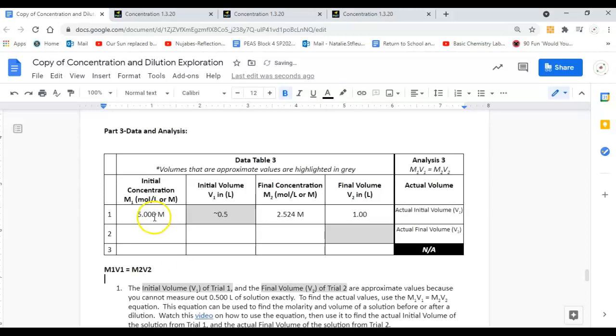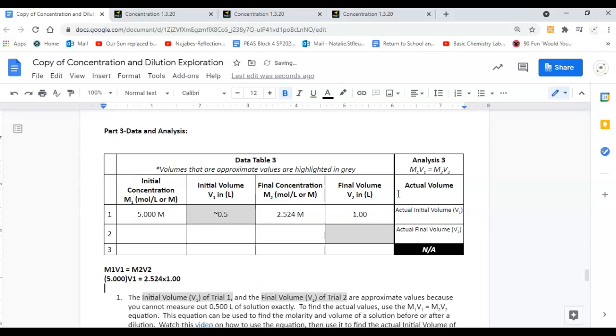My M1 was 5.00. My V1 is what I'm solving for, so any of the gray boxes, leave as an unknown because you're solving for that. My final concentration, M2, is 2.524, and my final volume is 1 liter.